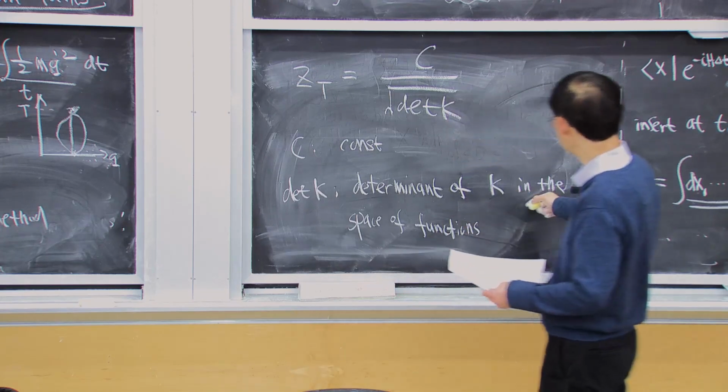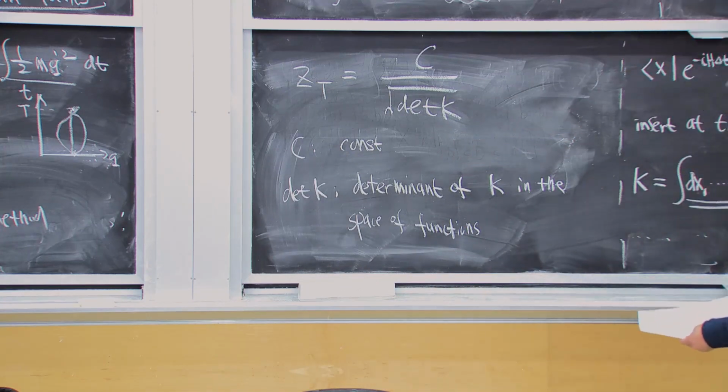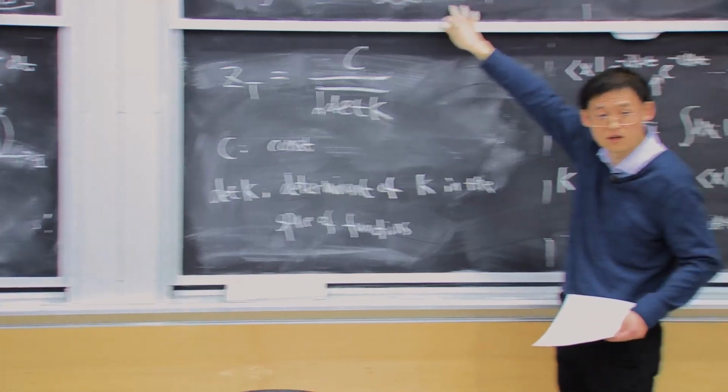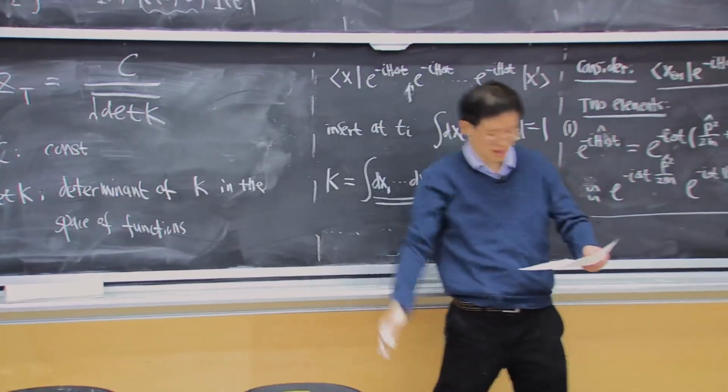So K is a matrix defined in the space of QTs. Okay, QT is the space of functions.